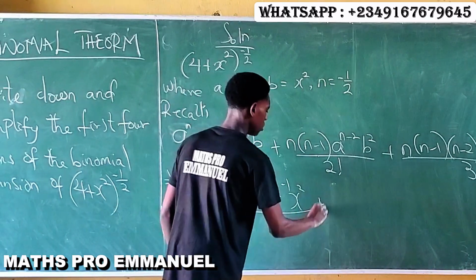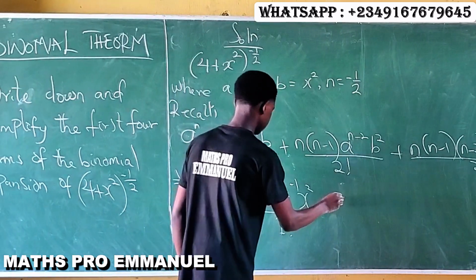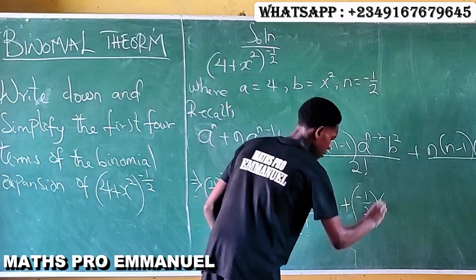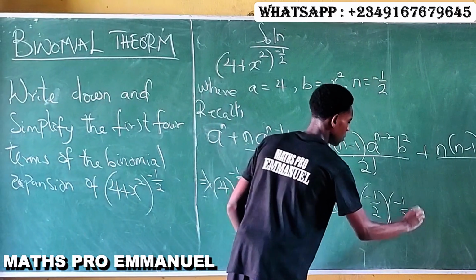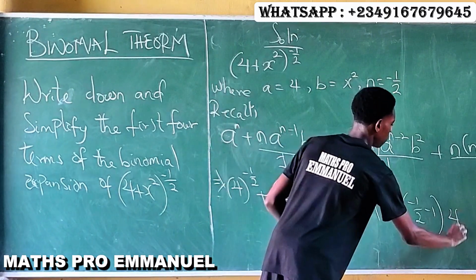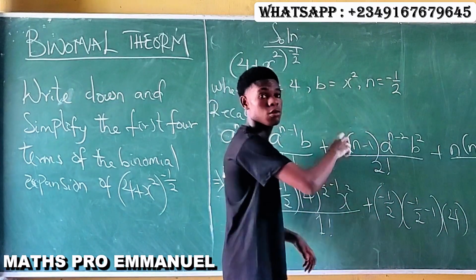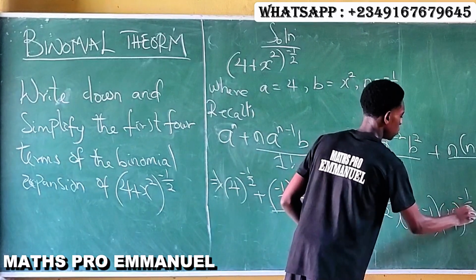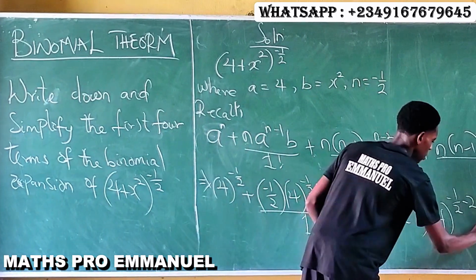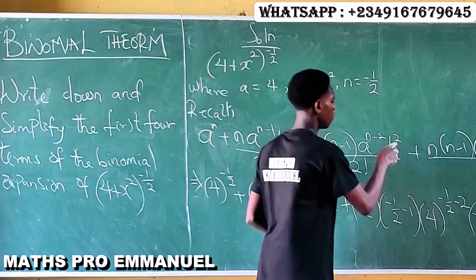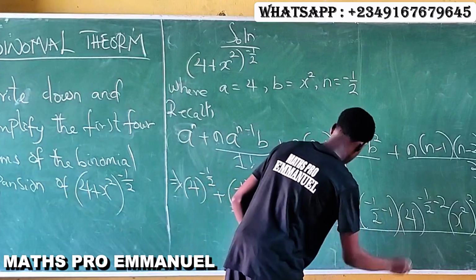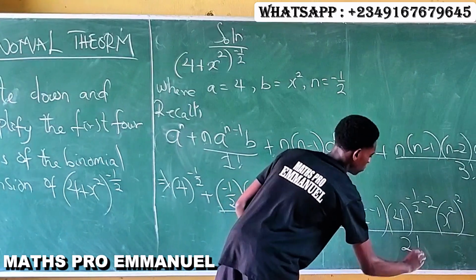For the next, n is minus 1 over 2 in brackets, multiplied by n minus 1, that means minus 1 over 2 minus 1, multiplied by a, which is 4, raised to the power of n minus 2, that means minus 1 over 2 minus 2. Then b is x squared, so I'll have x squared all raised to the power of 2, all over 2 factorial.